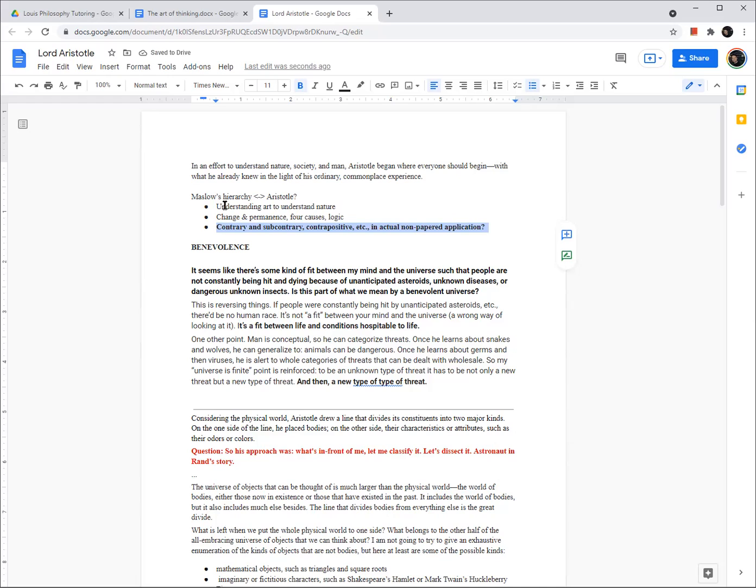Even Aristotle, I read later in the summary, he gives examples. I skimmed it very quickly because I'd have to think about it a lot. But he talks about contrary, subcontrary, contrapositive, and other instances of specific patterns in logic that you get in statements or arguments.